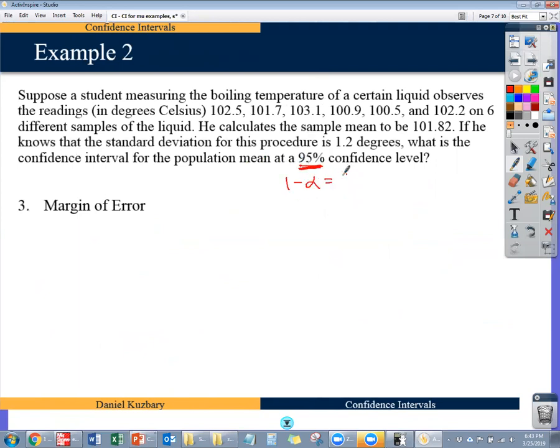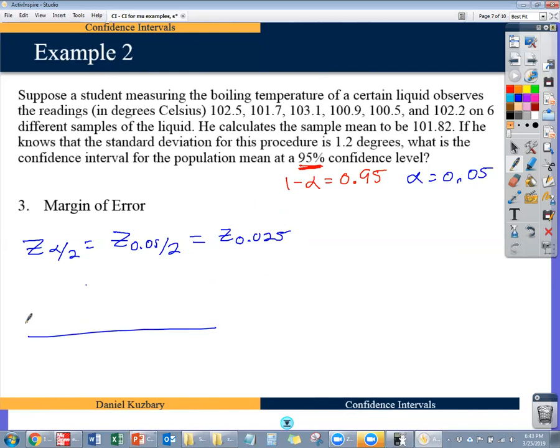My confidence level is 0.95, which means my significance level is the opposite of that, 0.05. Which means that z sub alpha over 2 is equal to z sub 0.05 over 2. So divide 0.05 over 2, and you get 0.025.